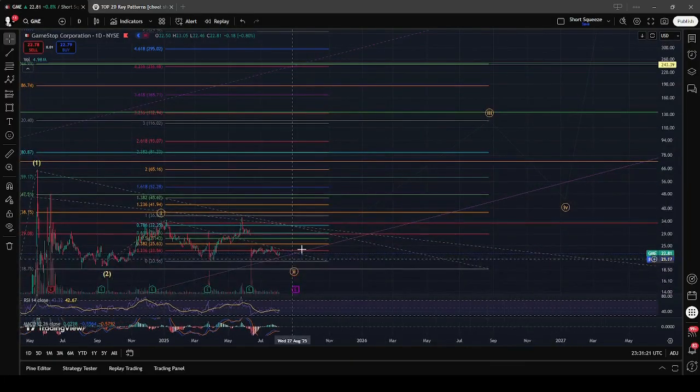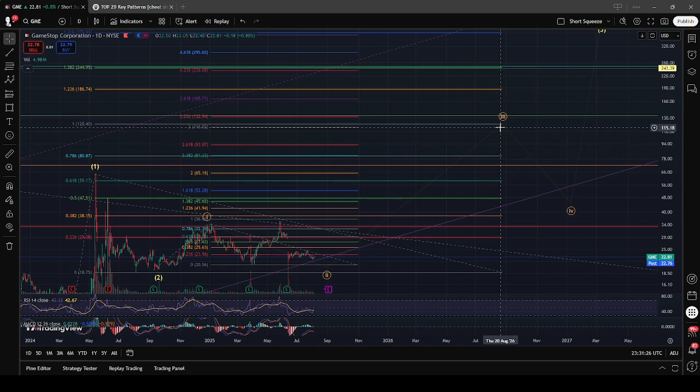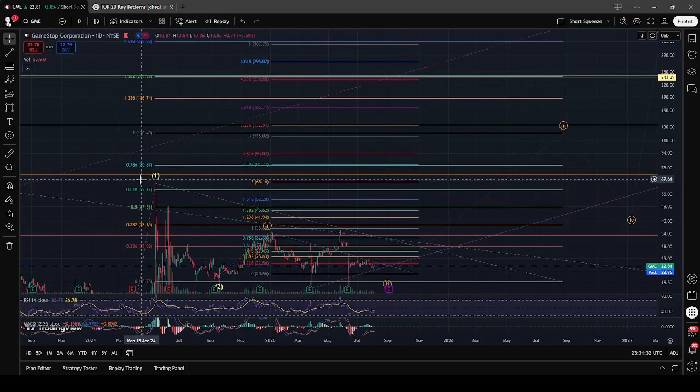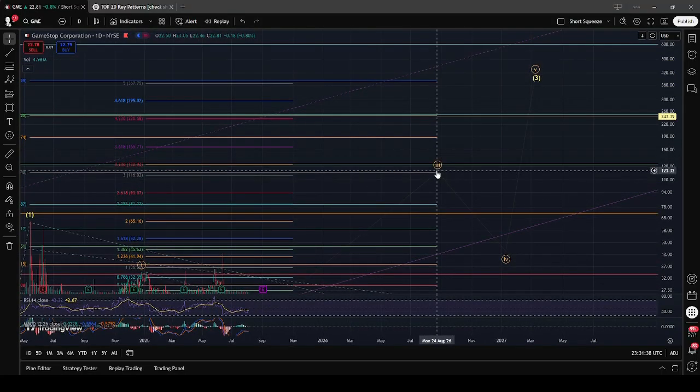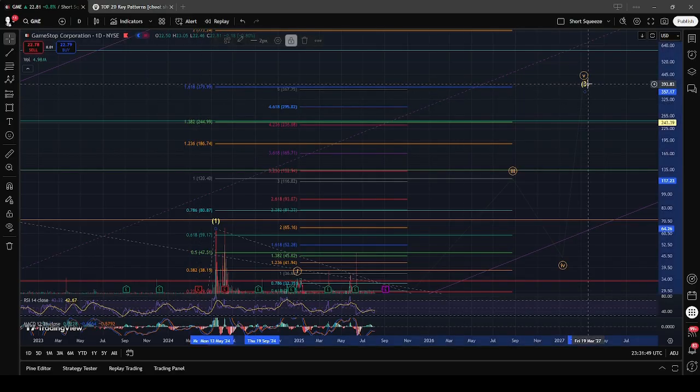Which is why for this wave 3 that I have here currently, I would just assume it's going to be around $100 maybe. I wouldn't be surprised if it stopped at this $81 mark before it retraces back down and then has an explosive fifth wave, the final wave, which is why I have here 1.618, $380 for wave 3.